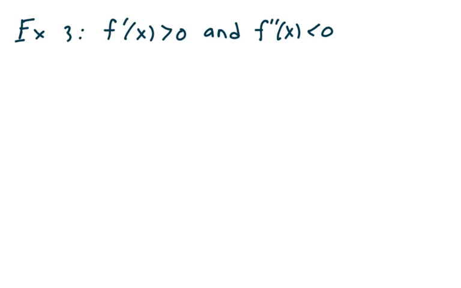Let's do example 3. Suppose f prime of x is positive, which means f is increasing, and f double prime of x is less than 0 for all x.